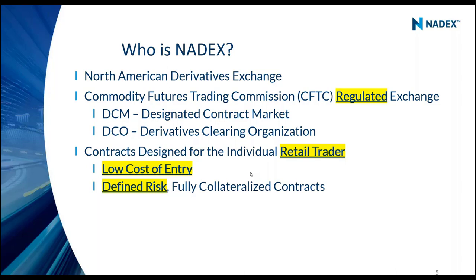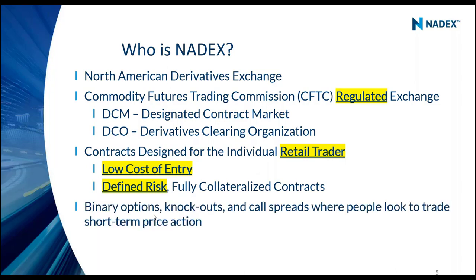The other thing is defined risk. There are no surprises. At Nadex, it doesn't matter what kind of contract you trade, whether you're trading binary options, and we'll talk about knockouts and call spreads later. People who are looking for short-term price action in the markets and binary options, and when I say short-term, we're talking 5 minutes. We've got some contracts that are 20 minutes.